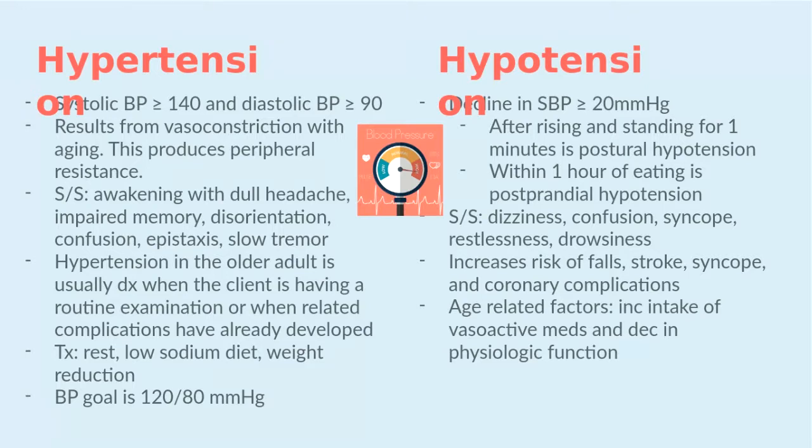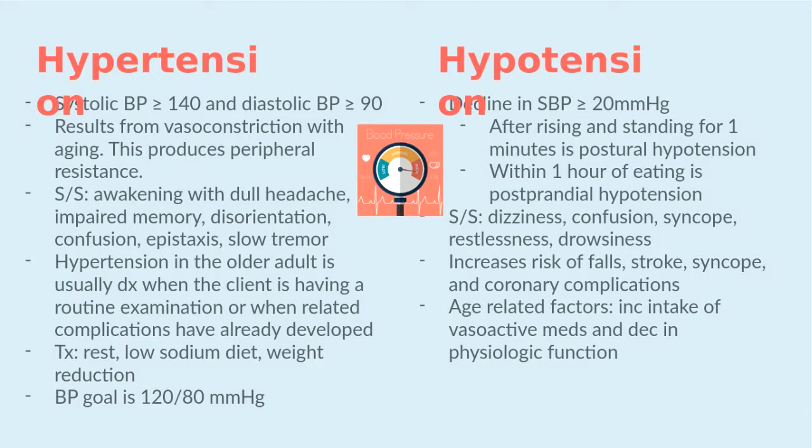Another condition that we see in older adults is hypotension, which is a decline in systolic blood pressure greater than 20 mmHg. There are two different types of hypotension. One occurs after rising or standing for 1 minute, while the other occurs within 1 hour of eating.